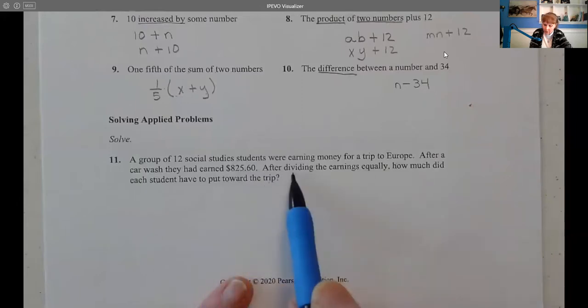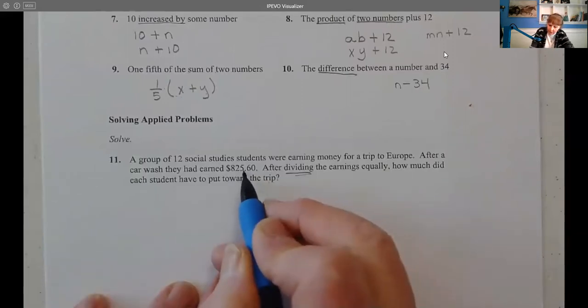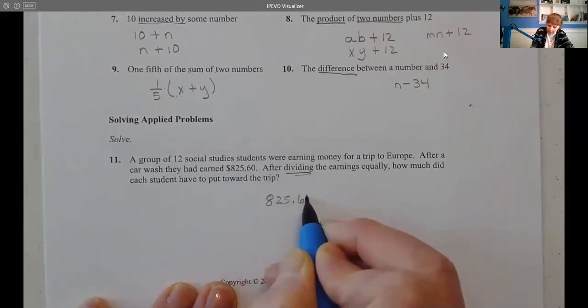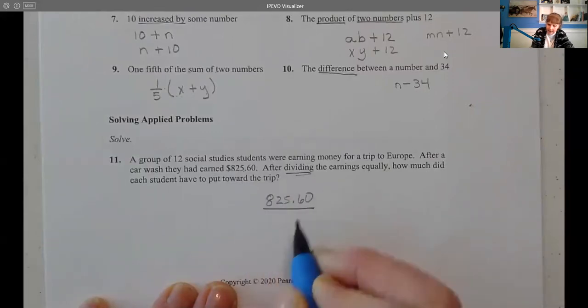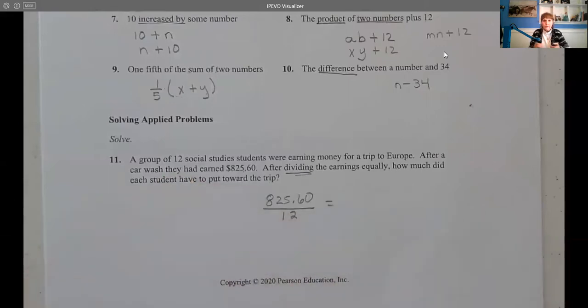Well, they've told you what to do. They've told you that this is a division problem. So we're going to take the total, 825.60, and we're going to divide it into equal groups. And there's 12 of the groups, 12 students. I would definitely reach for my calculator. 825.60 divided by 12 students.